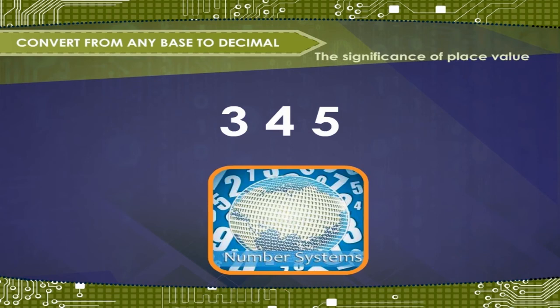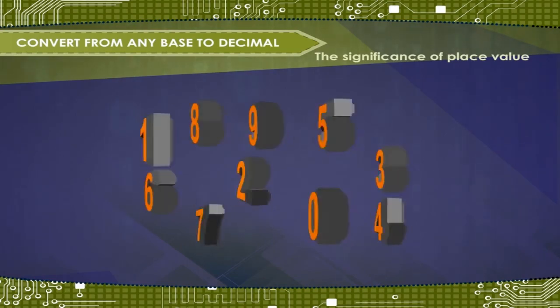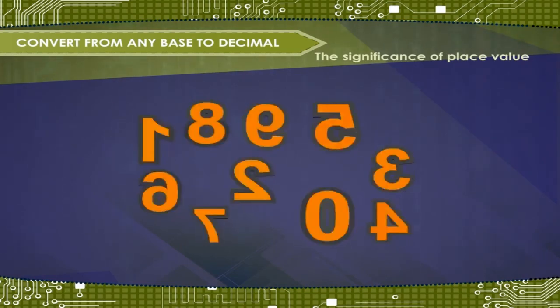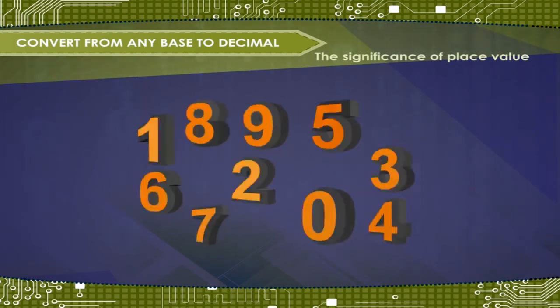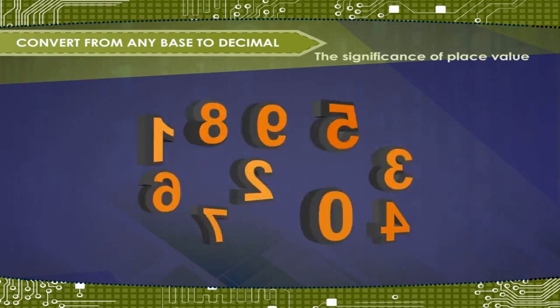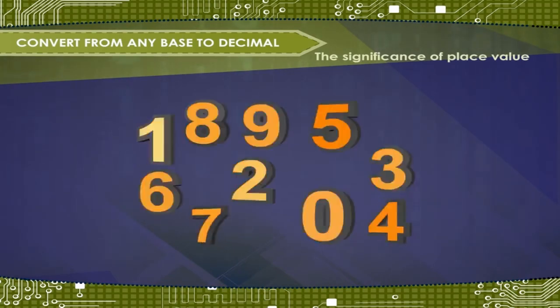Remember that any base to the power of 0 is equal to 1. This is the same for each number system. The least significant digit has a value of base to the power 0 equal to 1, increasing to base to the power of 1 for the next digit, base to the power of 2 for the next, and so on.